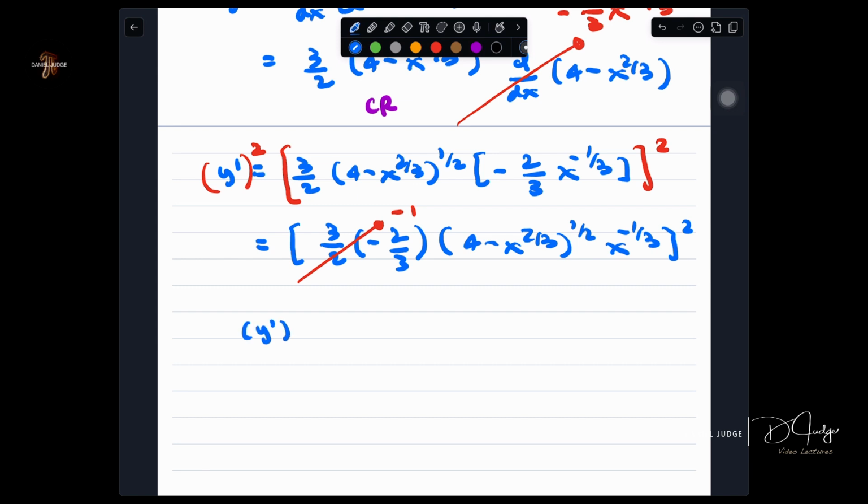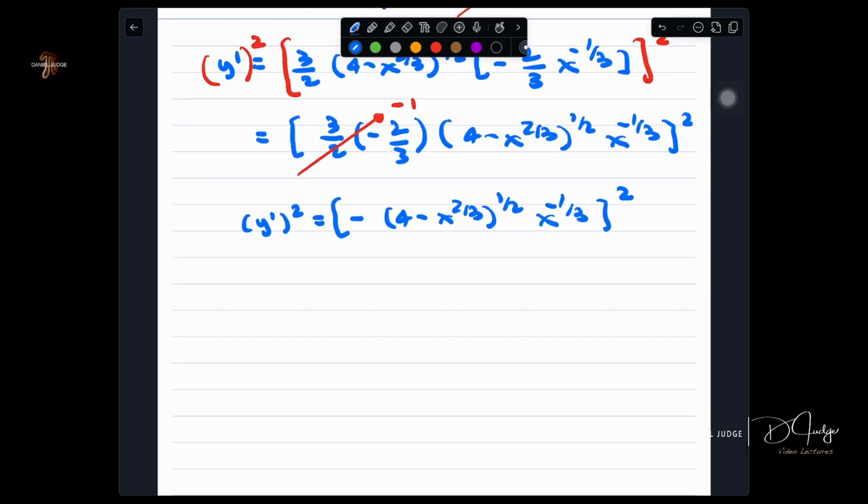So that y prime squared will become negative 4 minus x to the 2/3 to the 1/2, x to the -1/3. We'll square that, and we end up getting 4 minus x to the 2/3 now, times x to the -2/3. And this is y prime squared.